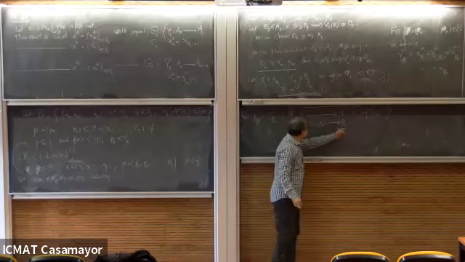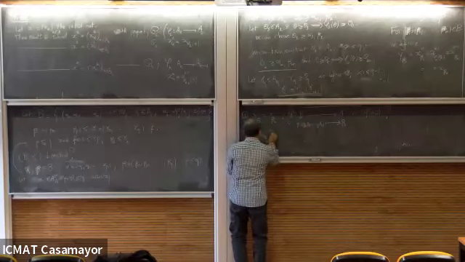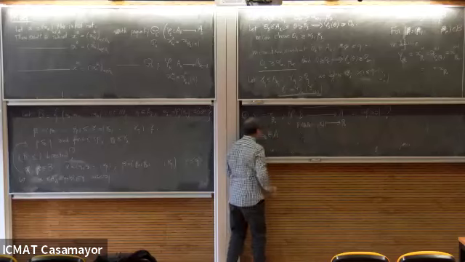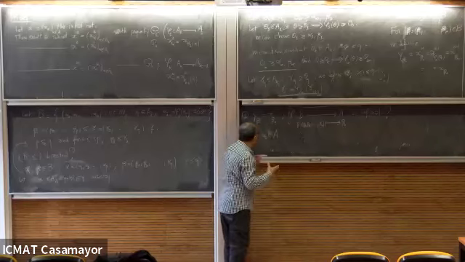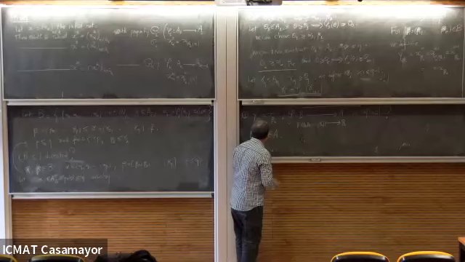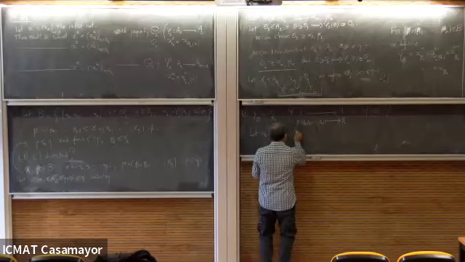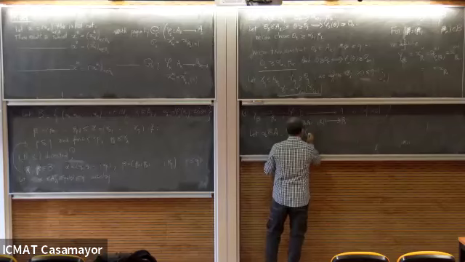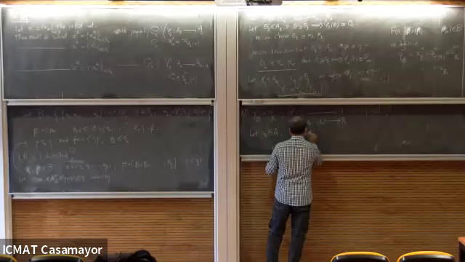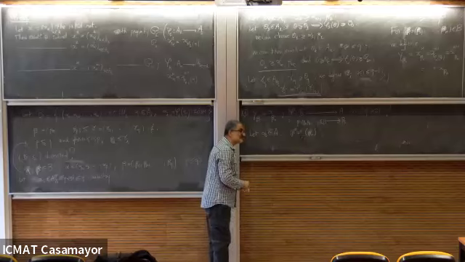It means that if we fix some element here, so let alpha 0 in A, then I should find some element in B such that, if I take beta 0 equal to this, beta 0, alpha 0, just alpha 0, it's in B.